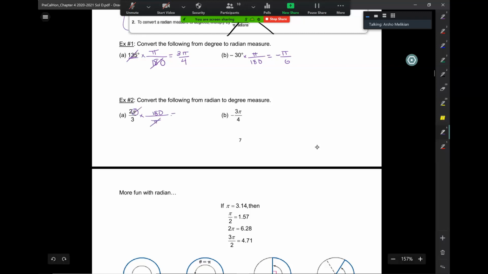Pi's cancel, 120. Same thing here, 180 over pi, and I get negative 135. So stop me if you have any questions here.